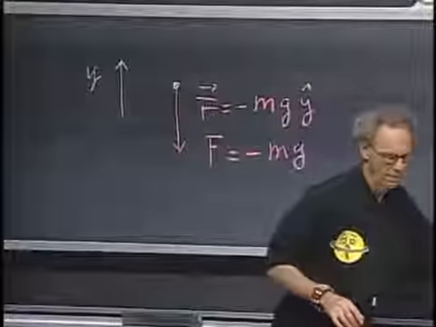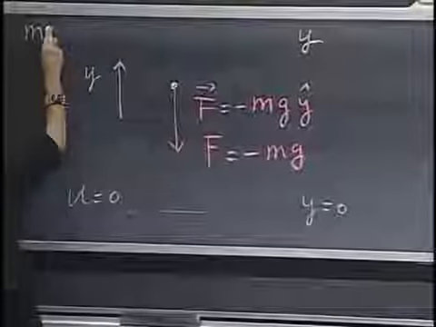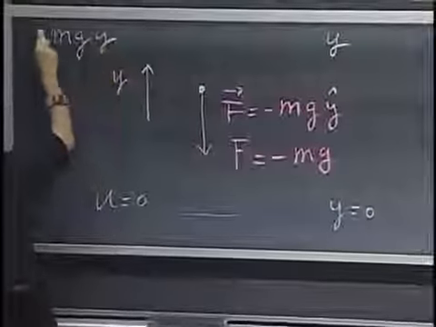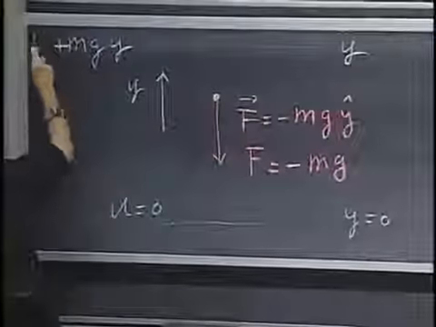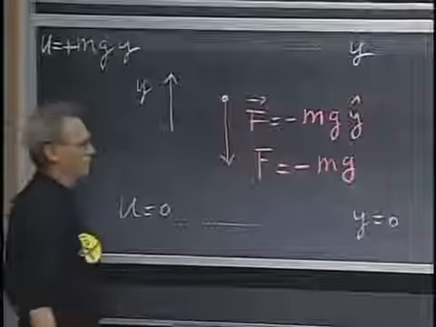If this level here is y equals 0, and I could call this gravitational potential energy 0, and this is y, then the gravitational potential energy here equals plus mgy. This is u.